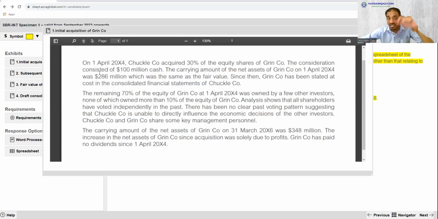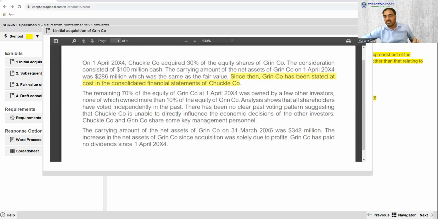The consideration consisted of 100 million cash, carrying amount of net assets of GRIN company on 1st April X4 was 286 million, which was the same as fair value. Since then, GRIN company has been stated at cost in the consolidated balance sheet. This is the important point.